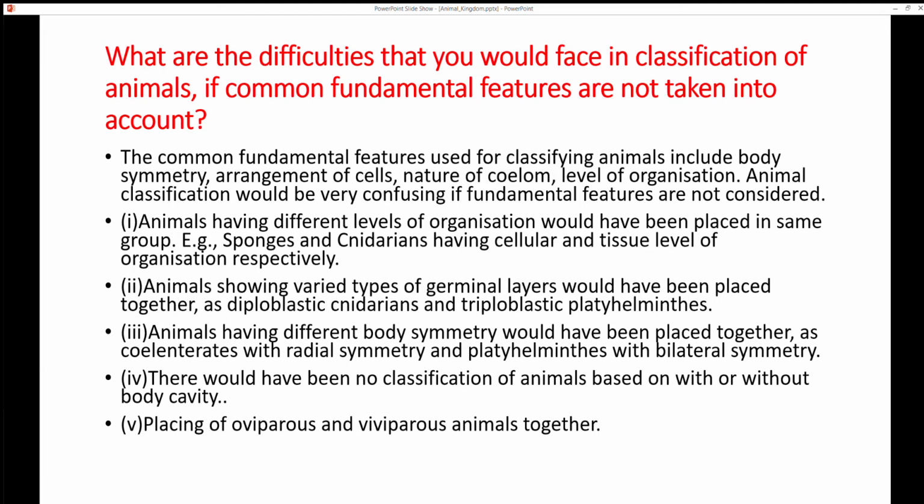Another feature is arrangement of cells, like outer ectoderm, endoderm, mesoderm, whether it is only ecto and endo or including mesoderm, triploblastic or diploblastic. And the nature of coelom, if it is a true coelom which has a body cavity, or a false coelom, that is nothing but pseudocoelom.